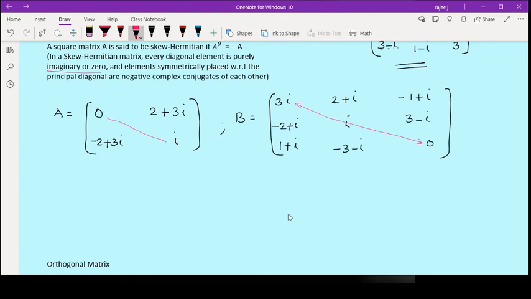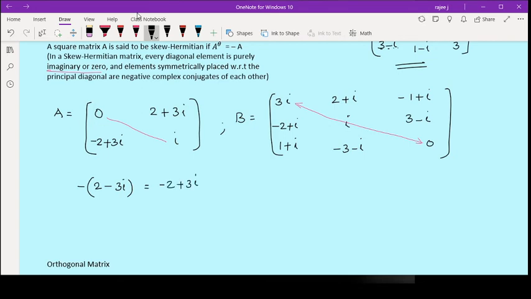Now second condition, see what is the relation between this 2 plus 3i and 2 minus 3i? Is there any relation? What is the conjugate of 2 plus 3i? 2 minus 3i. Now if I put a negative sign outside, what will this be?